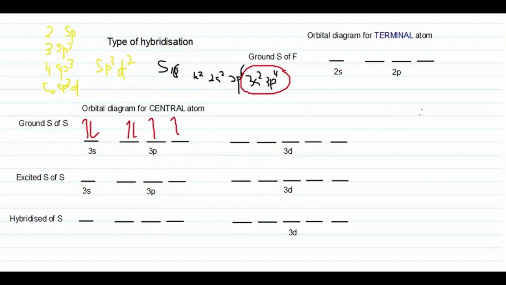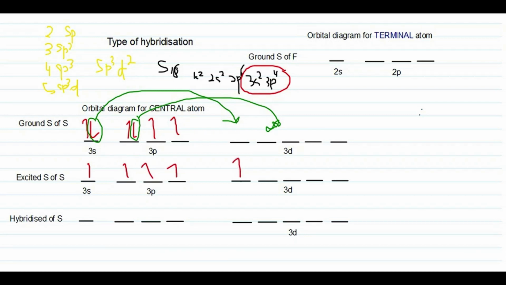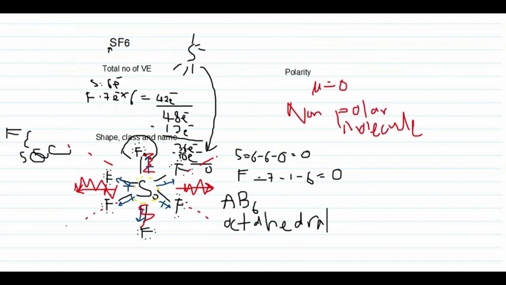So what we're going to do is excite one electron from the 3s orbital into the empty 3d orbital, and the second one likewise. Hence, this will result in the formation of 6 unpaired electrons. These 6 unpaired electrons will then, as you would expect, combine with 6 fluorine atoms.